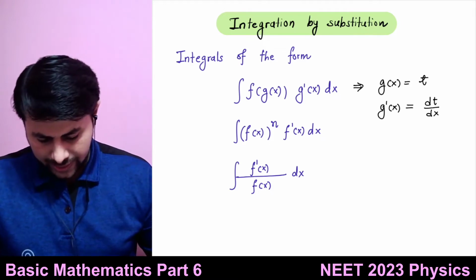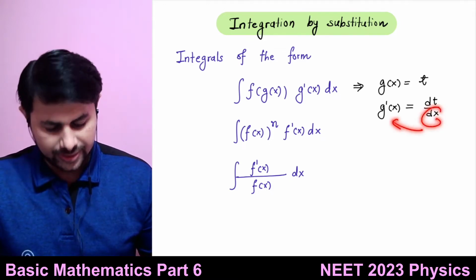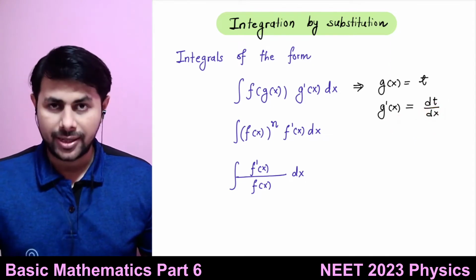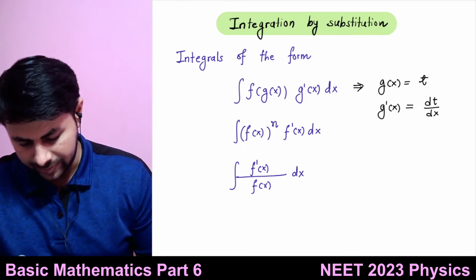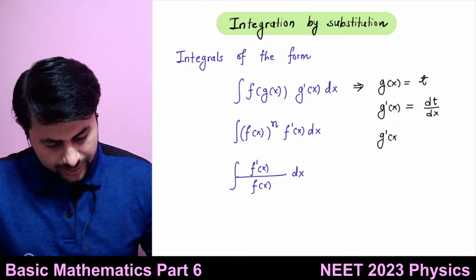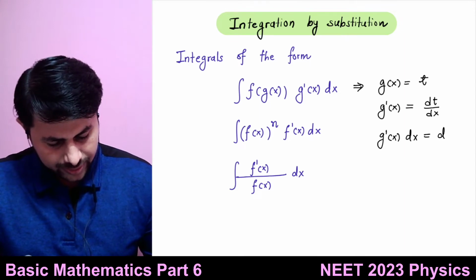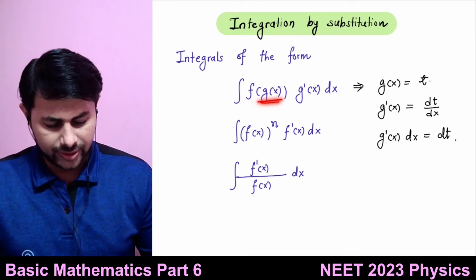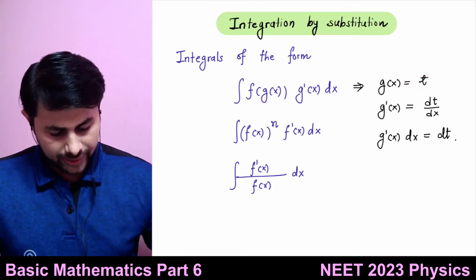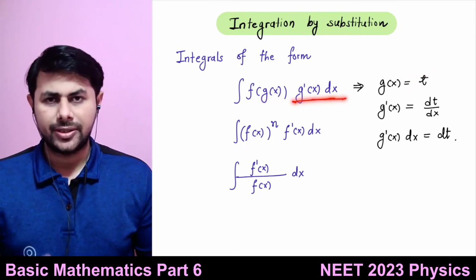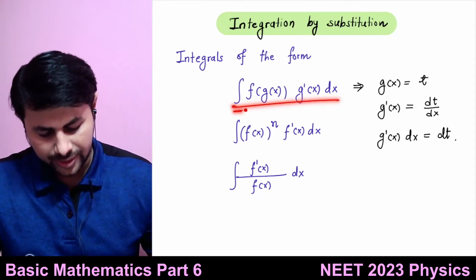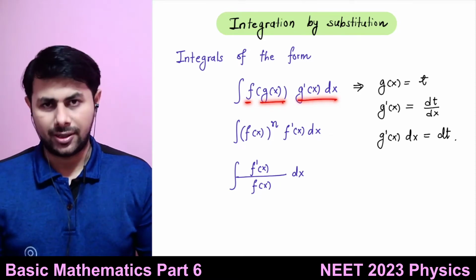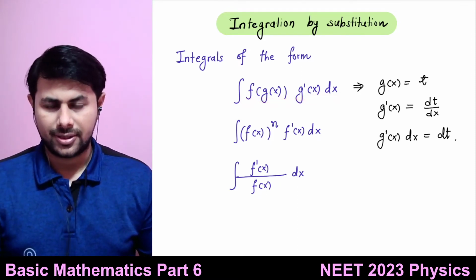And then if you take the dx to the left hand side, what do you get? You get g prime x dx equals dt. So when we substitute g of x equals t, then this g prime x dx becomes what? dt. So this integral gets reduced to what? F of t, and this thing becomes dt. F of t dt, right?